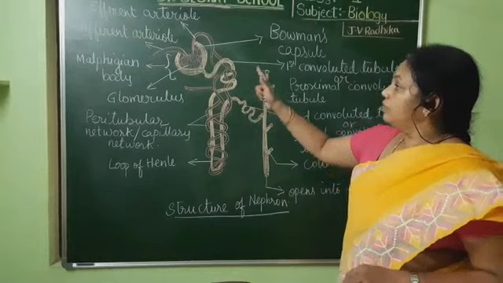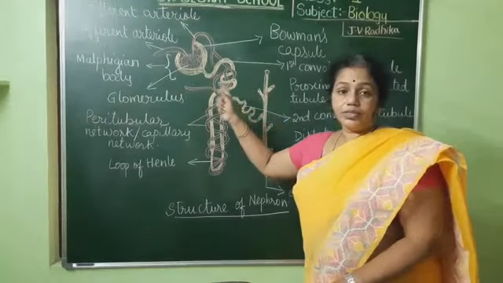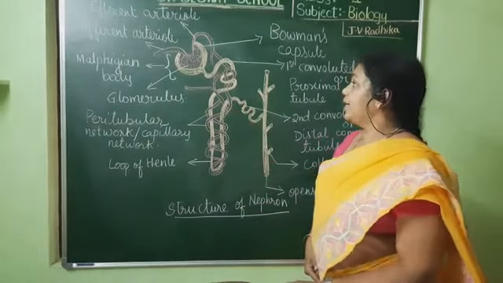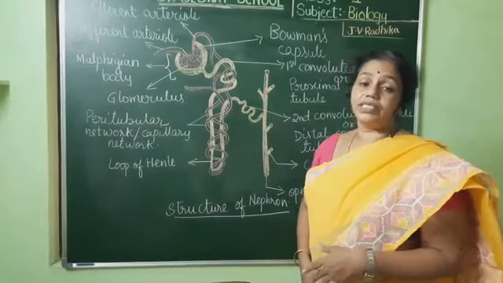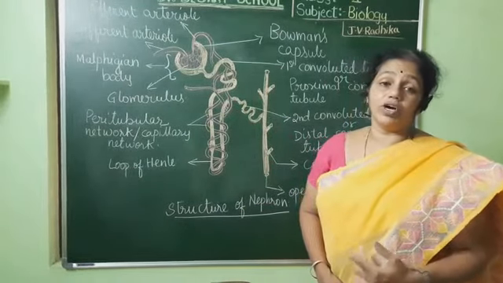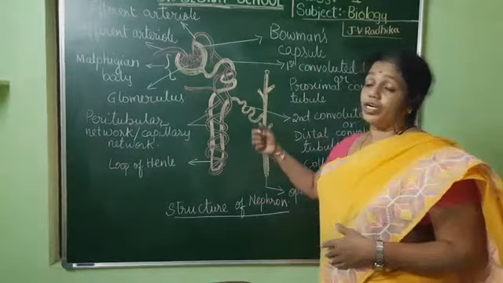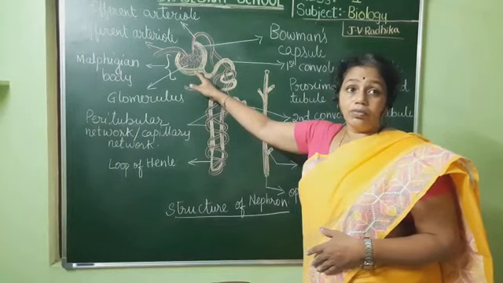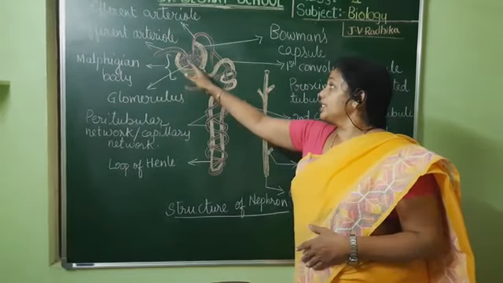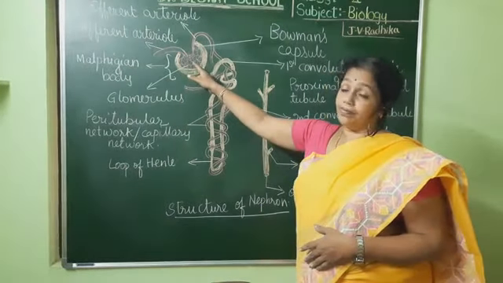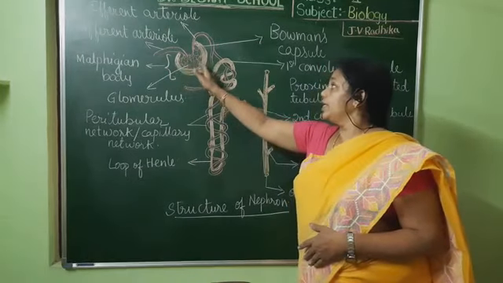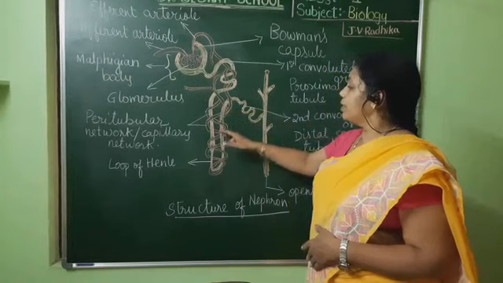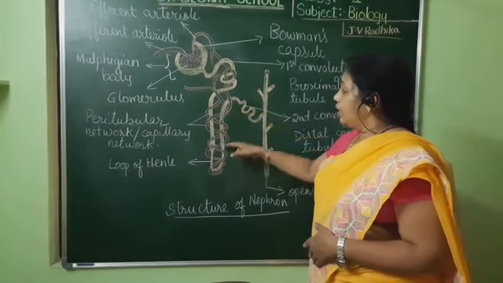So you have seen the diagram. Please copy the diagram. In the next video, I shall be explaining how it helps in the formation of urine. Before that, this is the Bowman's capsule, glomerulus consisting of a fine network of capillaries. The afferent arteriole enters and the efferent arteriole comes out and forms a fine network of capillaries all around the tubule.